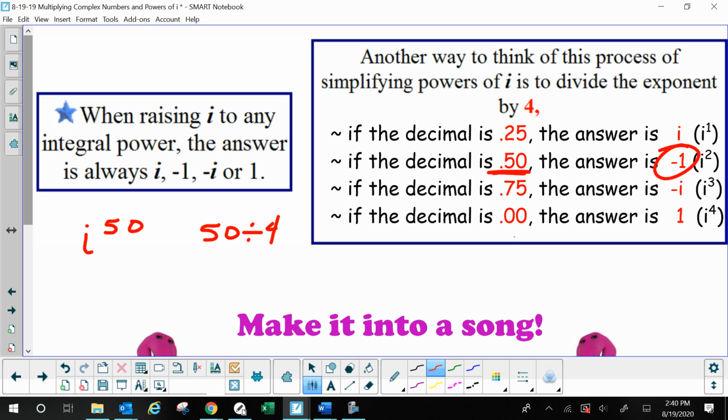We're going to practice these. Because there are 4 different things that cycle through, 1, 2, 3, 4, always. Let's practice it.